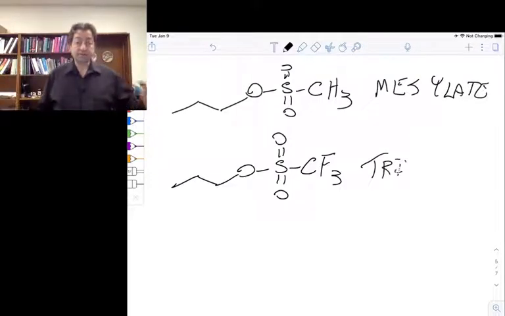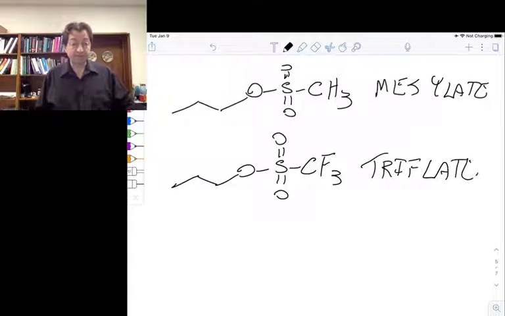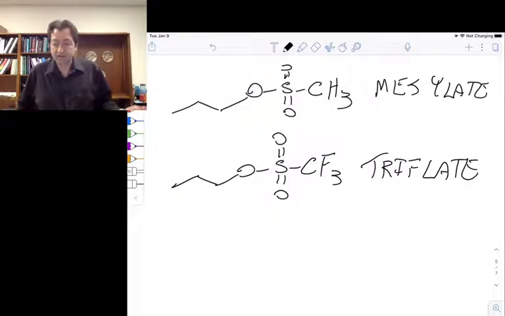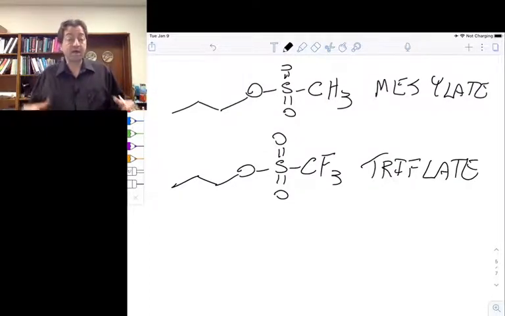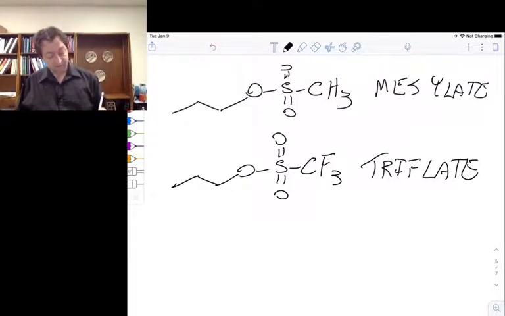So these are called mesylates or triflates. So a methane sulfonyl chloride or sulfonic acid you would use to generate this, or a trifluoromethane sulfonyl chloride or sulfonate ester. So triflate is the abbreviation name that we use for both of those. These are both acceptable, and you can make these, of course, from the corresponding acid or corresponding chlorides.